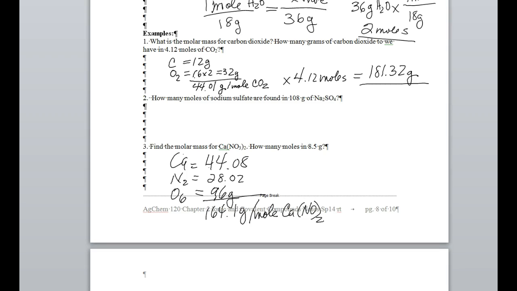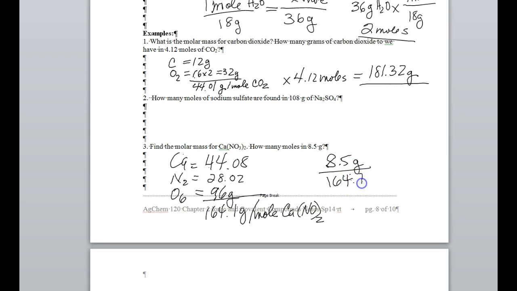It wants to know how many moles are in 8.5 grams of calcium nitrate. So I just took 8.5 and you have to divide that by 164.1. Which is the same thing as I did before, but I just showed them. She did the whole thing out.